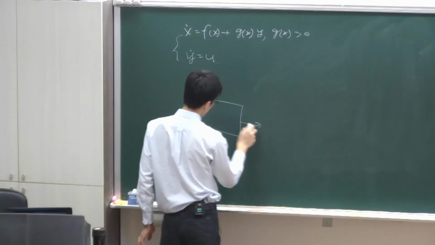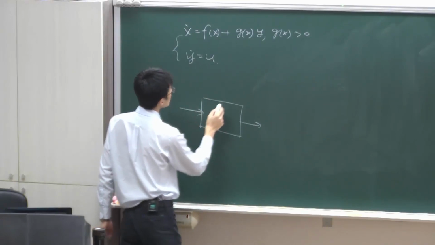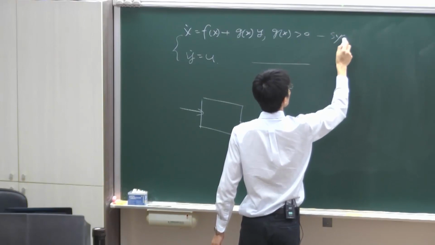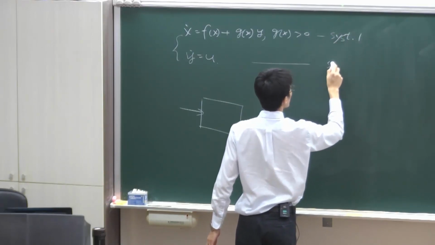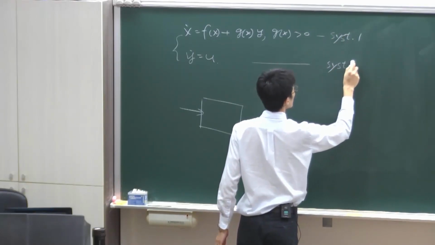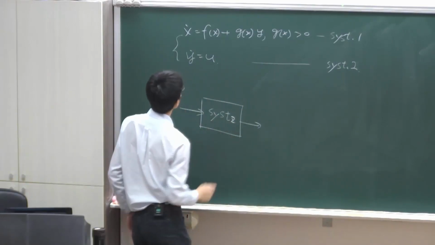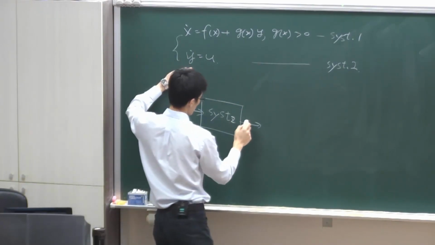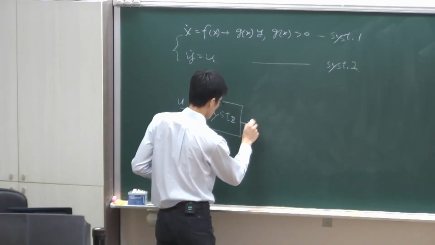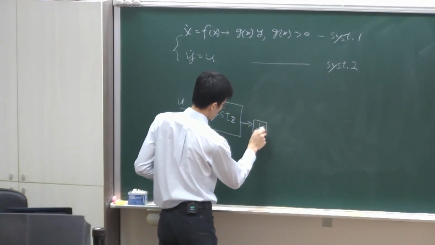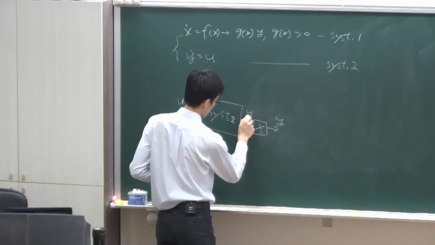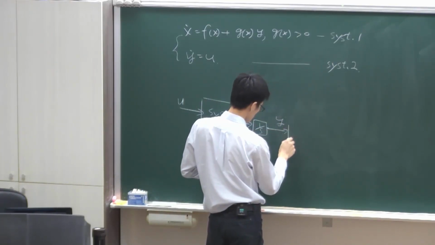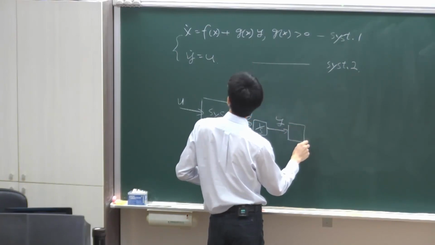System 2 takes the input U, generates y dot, and that becomes the input of the second system.